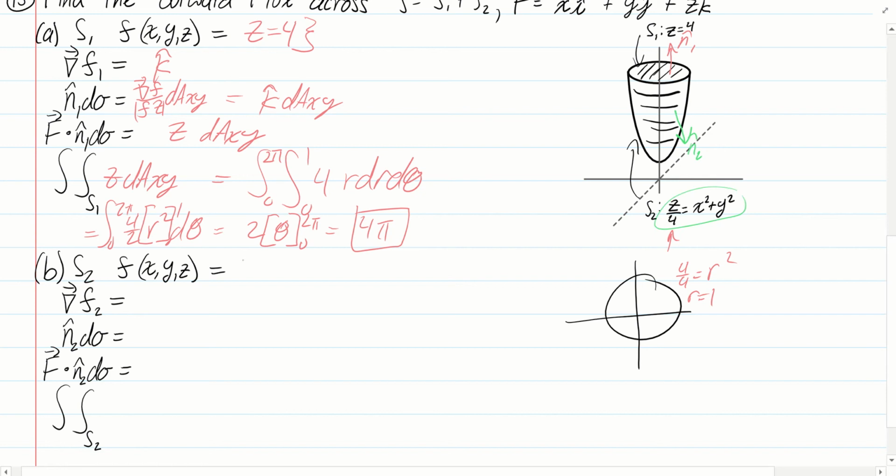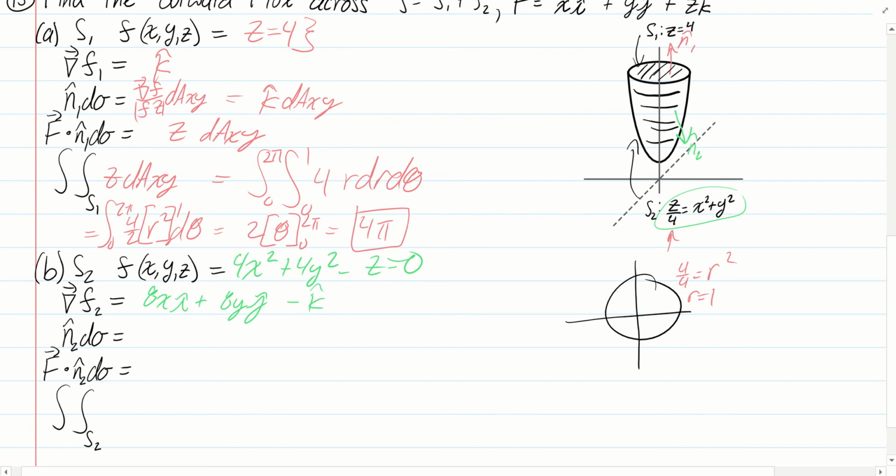So it's going to become, I want to multiply that 4 out, 4x squared plus 4y squared minus z equals 0. So that's my function that I'm going to be using to solve del f. So del f is going to be 8xi plus 8yj plus, no, not plus, but minus z, or the partial with respect to z, which is just k.